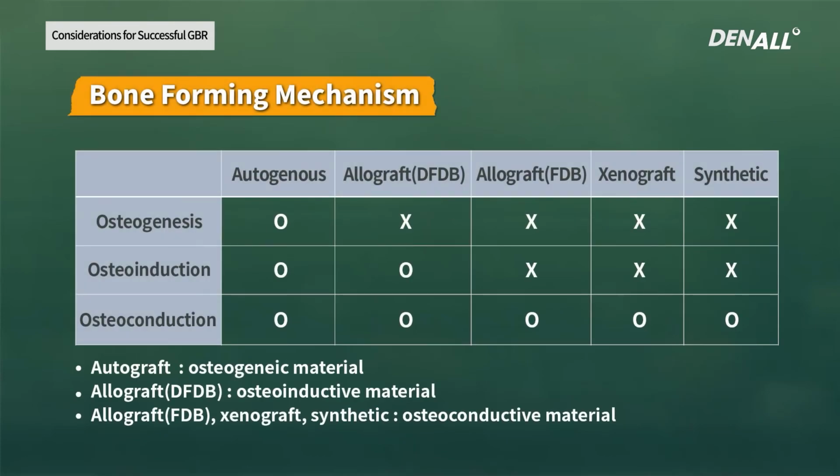Autogenous bone helps in osteogenesis, osteoinduction, and osteoconduction. In some allograft, like DFDB, osteoinduction is possible, and the rest contributes in osteoconduction. It creates and maintains space to encourage bone formation. The rest, allograft, xenograft, and synthetic bones contribute in bone formation in this way.